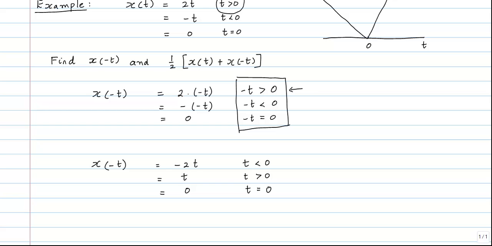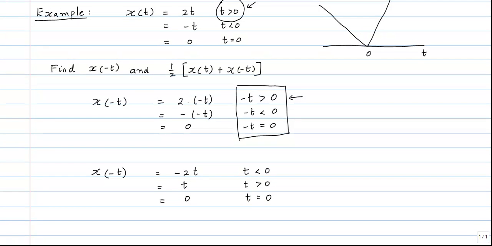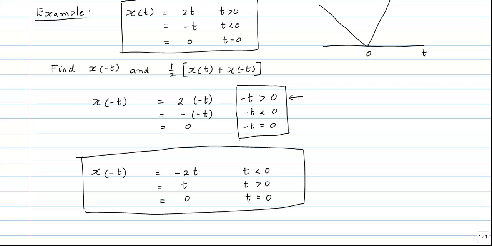Okay. Now, once I have an expression for x of negative t, I can combine the expression for x of t and the expression for x of negative t together. So I can take this, I can combine it with this to write an expression for half of x of t plus x of negative t. Now, one thing when you do this, I have seen some students make the following mistake when they try to add x of t and x of negative t.